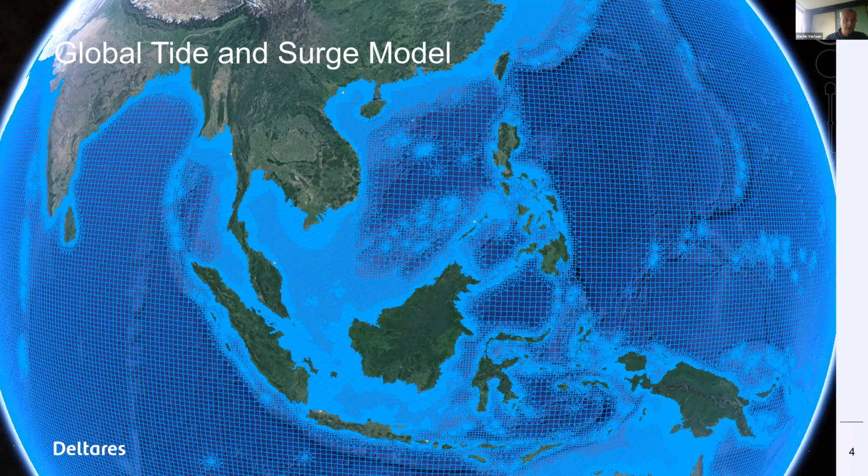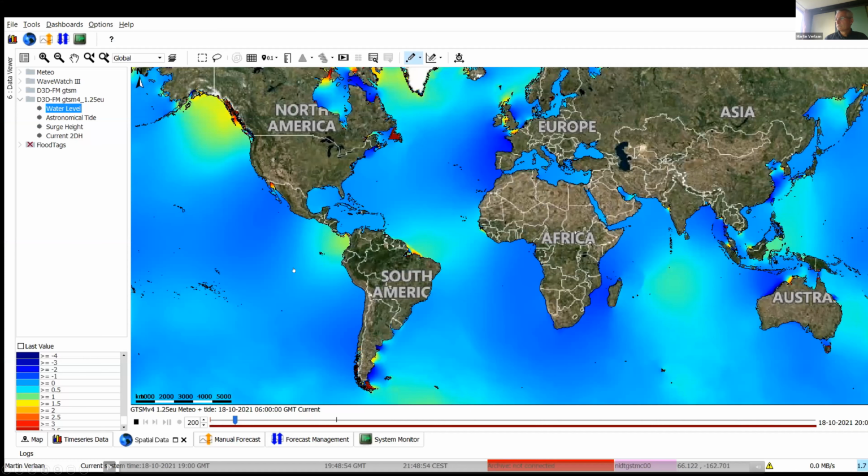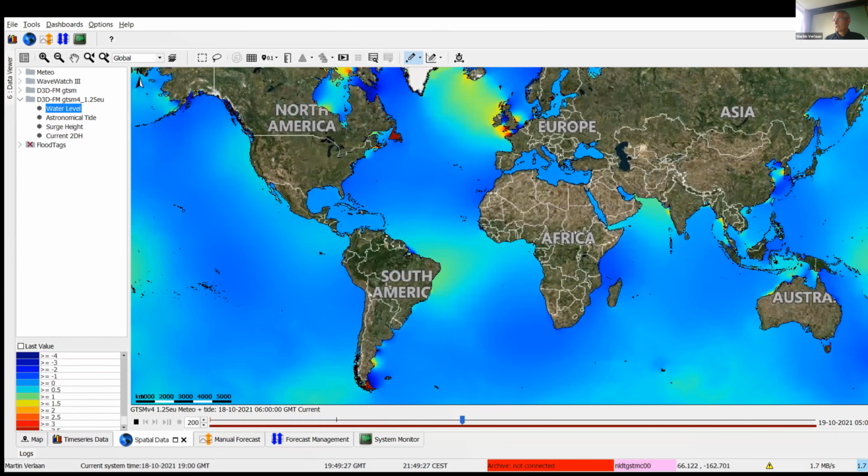If we look at that model, it's built into an operational environment. I know that's not the talk of today, but I can use that to show a bit of the dynamics. You can see the tides moving around our planet.